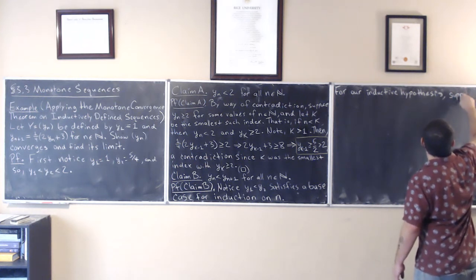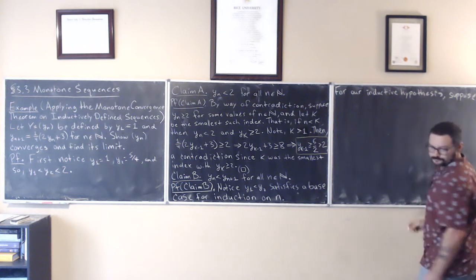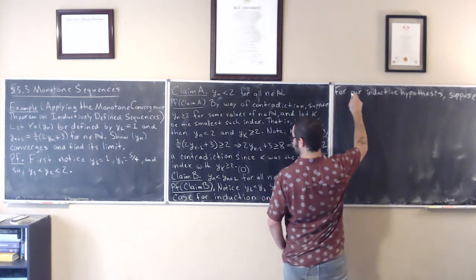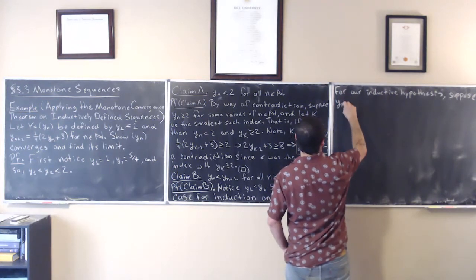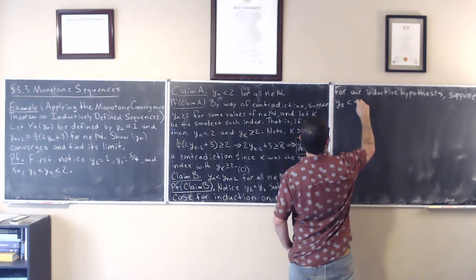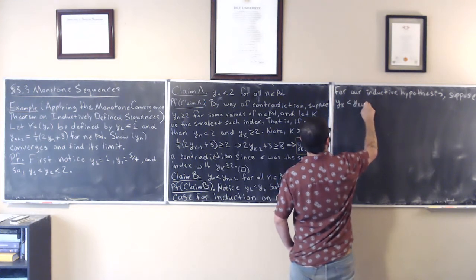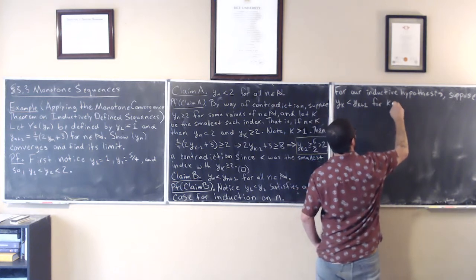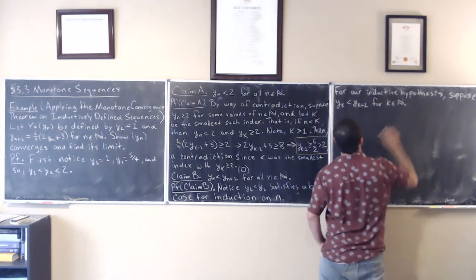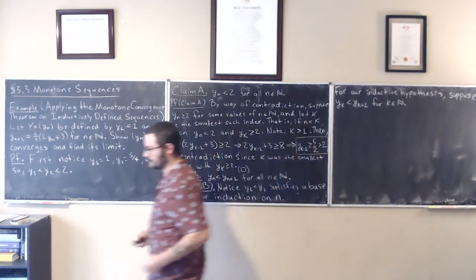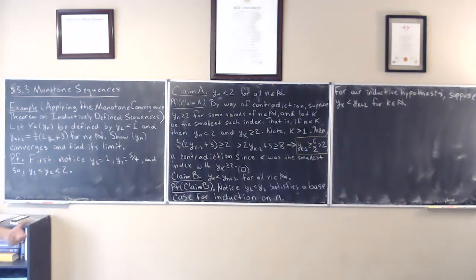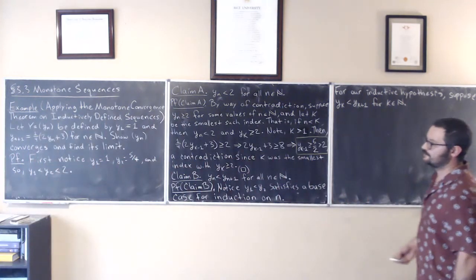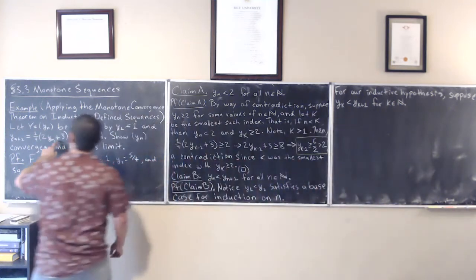Suppose that y sub k is less than y of k plus 1 for some k that's a natural number. And now we want to show that this implies that y sub k plus 1 is less than y sub k plus 2. Which is actually relatively easy by the way that the terms here are defined.